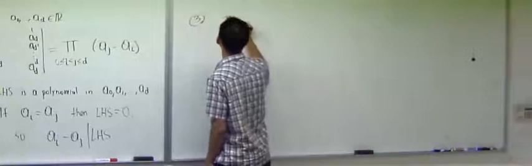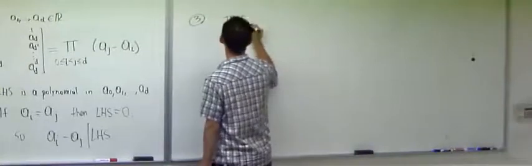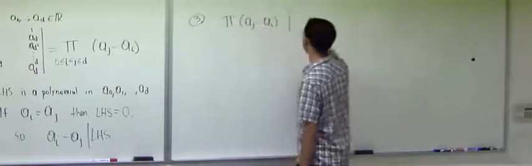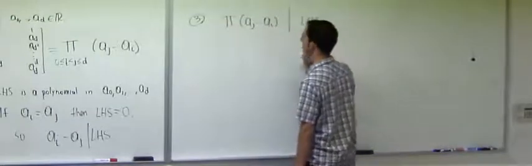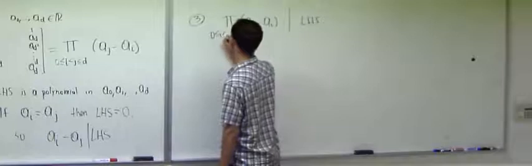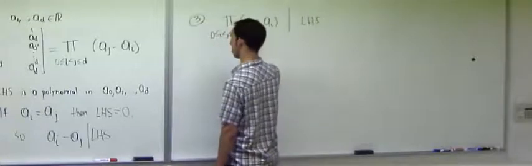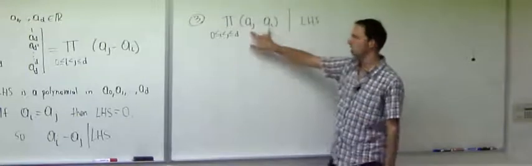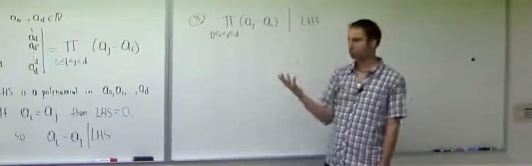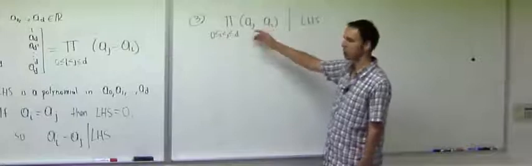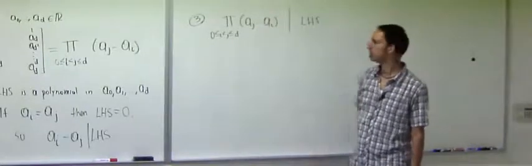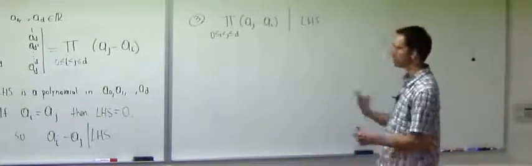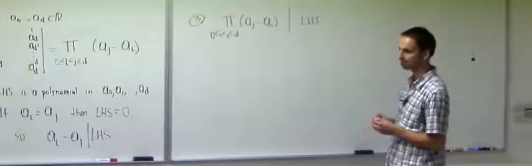So third observation, if we combine this, we get that the product of aj minus ai divides the left-hand side. Because clearly these things have no common factors, aj minus ai, so that when you multiply them all, that has to divide the left-hand side.